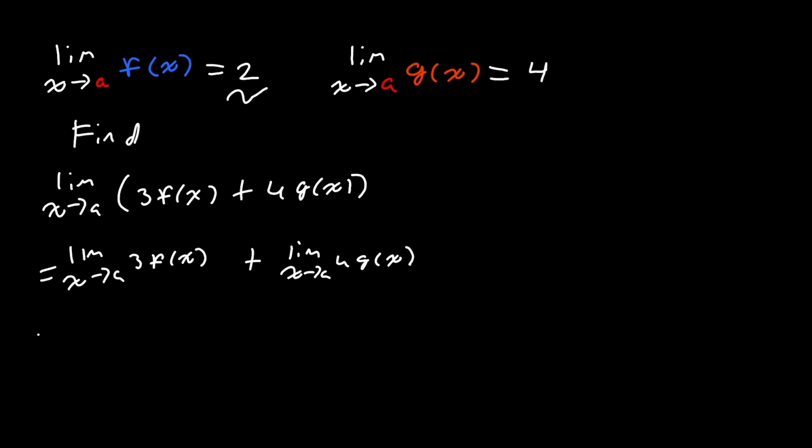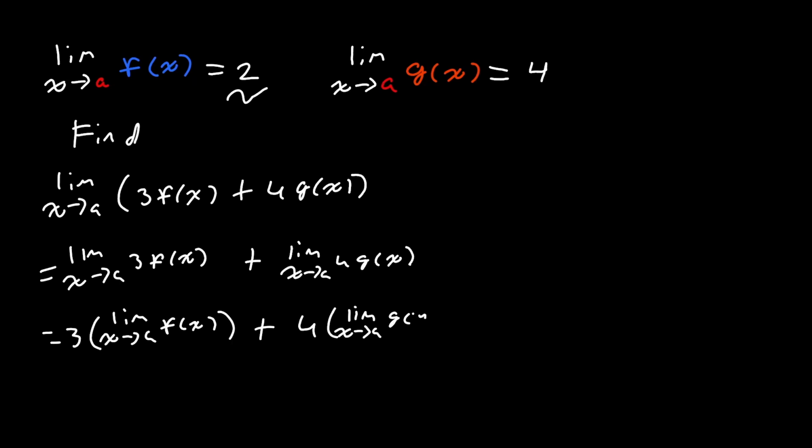And from before, we can use the same property by taking out the constant multiple, and it becomes 3 times the limit as x approaches a of f of x plus 4 times the limit as x approaches a of g of x.